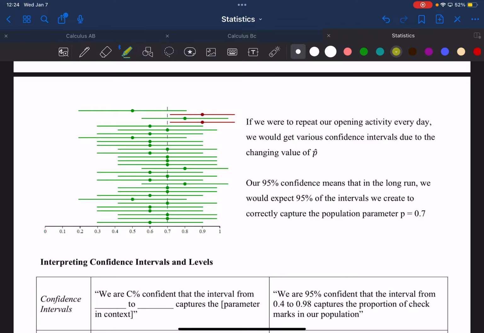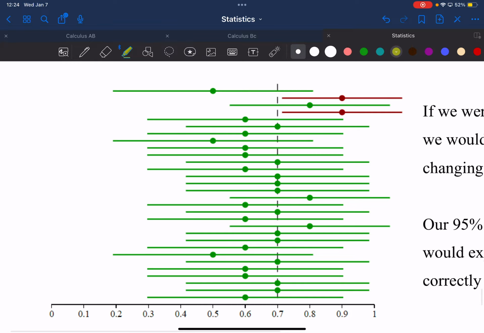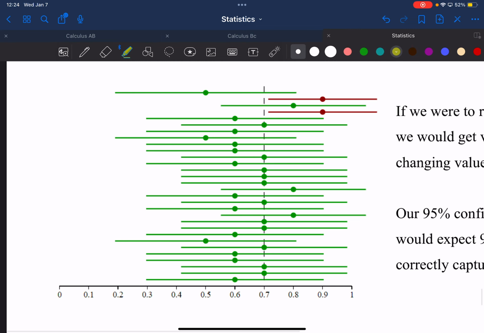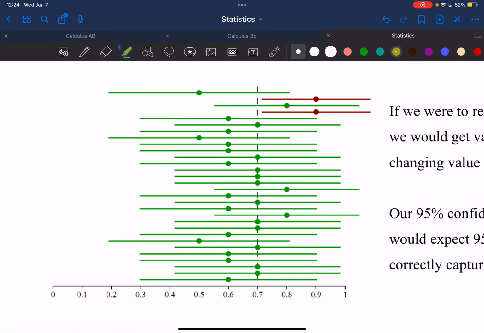However, that means there's still room for error. 5% error could happen. And notice on mine how some of them are red. Those are the errors. When they did their simulation, they got a value that was above 0.7. If we follow it down here, it looks like it's close to 0.9, like 0.87. Something around here.